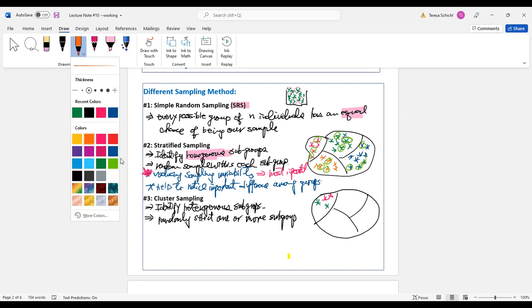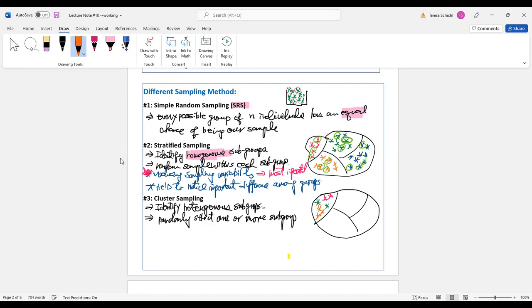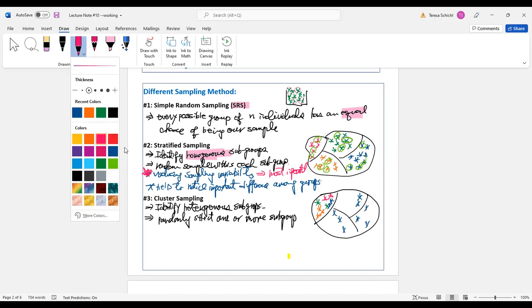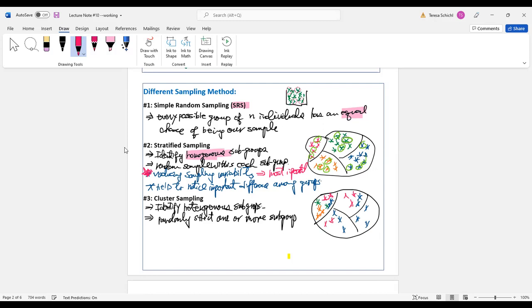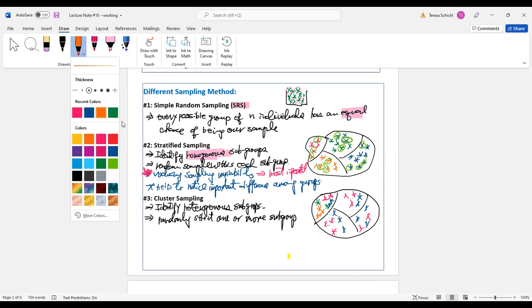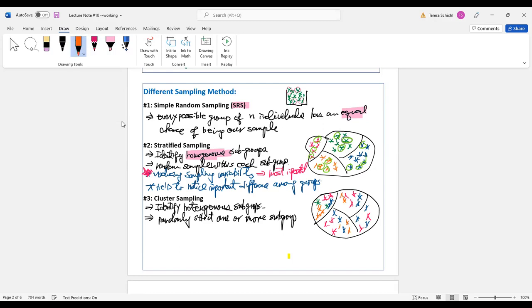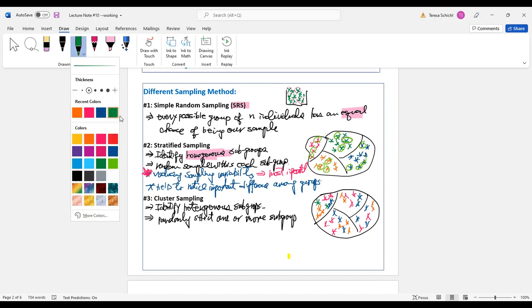In each group, this is what we call heterogeneous. I can have some here, some here, some here, and then in here, and then some here. And the last one is green.